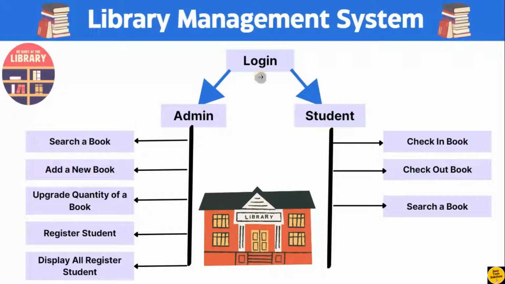So we need to register a student, and that functionality is given to the admin, because admin can register a student. A student can also register themselves and the admin can verify it. Student does the registration, then it goes to the admin, and the admin verifies whether it is valid or not.